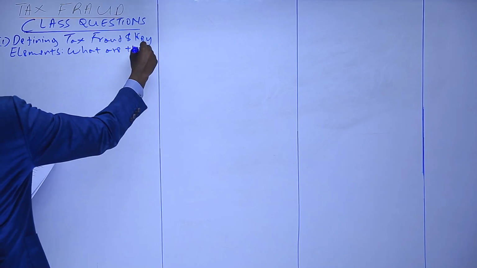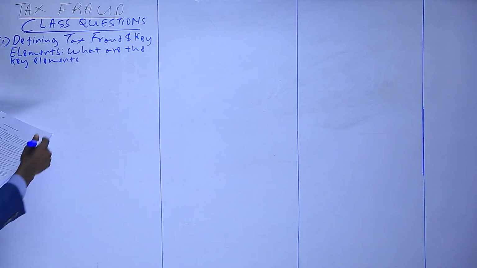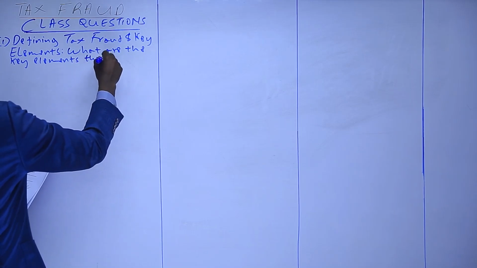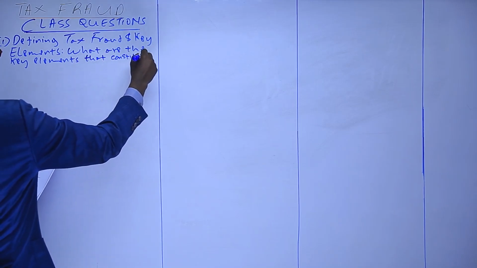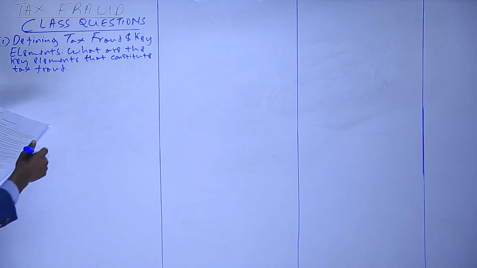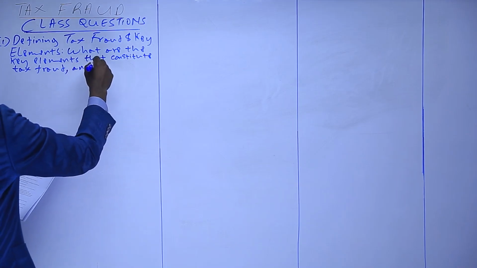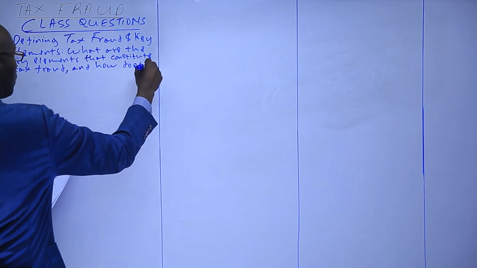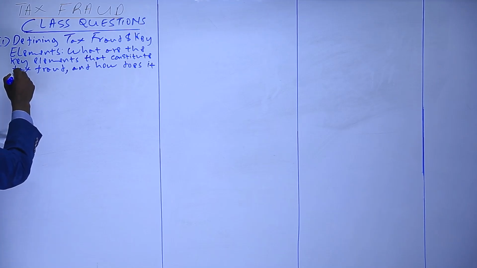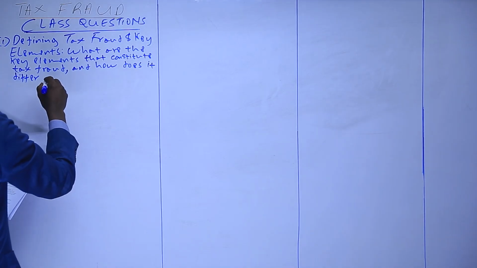What are the key elements that constitute tax fraud, and how does it differ from the legal practice of tax avoidance?